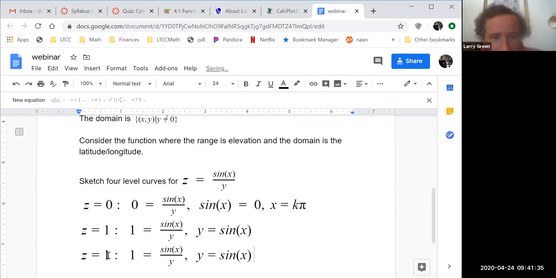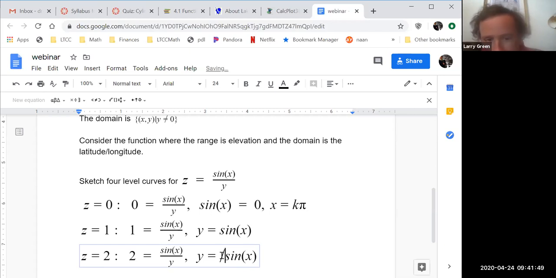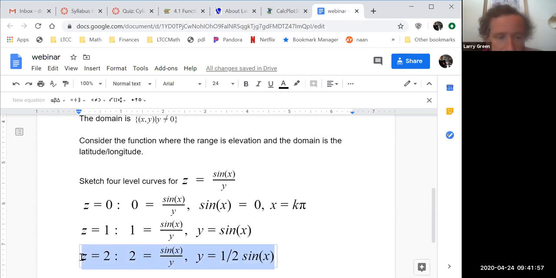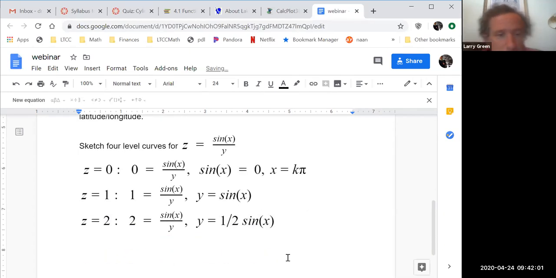Okay, we've got to pick another z. How about z equals 2? Sound good? So then 2 equals sine of x over y, and y equals 1/2 sine of x. Any questions on that? And let's pick one more.